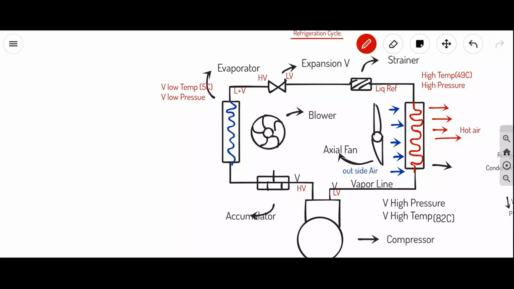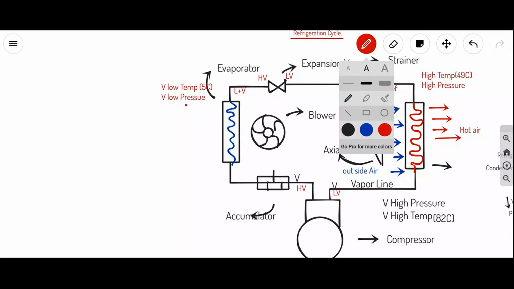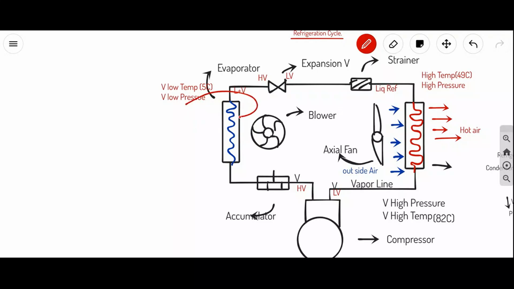Now what is happening here is the blower will extract the room hot air onto the coil. The blower will extract the room hot air onto the coil.